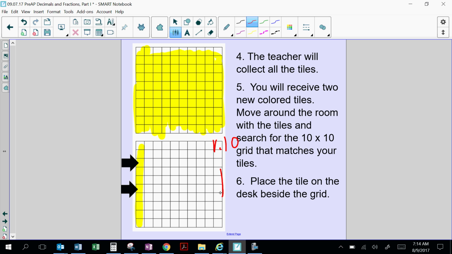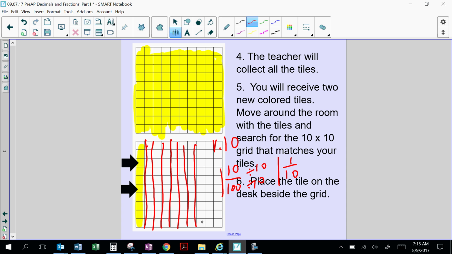However, again, there may be somebody who looks at 1 and 10 hundredths and simplifies it by dividing both numbers by 10 and getting 1 and 1/10. Let's think about it. If I cut this 1 whole into 10 equal parts, would that be 1/10? It would be.